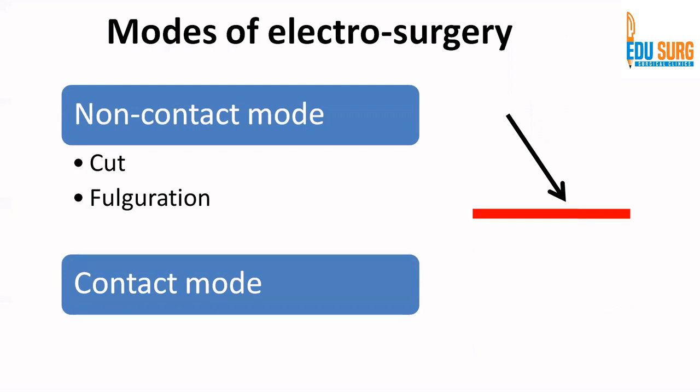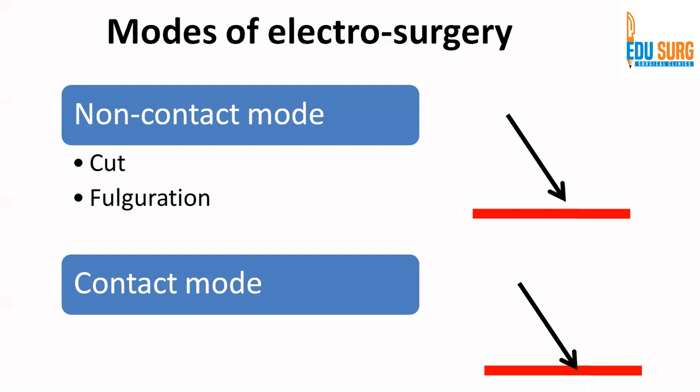You have seen that these terms are present in monopolar cautery. So these modes apply to monopolar electrosurgery. Non-contact mode helps you in cutting without carbonization, and non-contact mode for the right duration helps you in fulguration, which helps in hemostasis. On the other hand, contact mode means that you touch the cautery to the tissue.